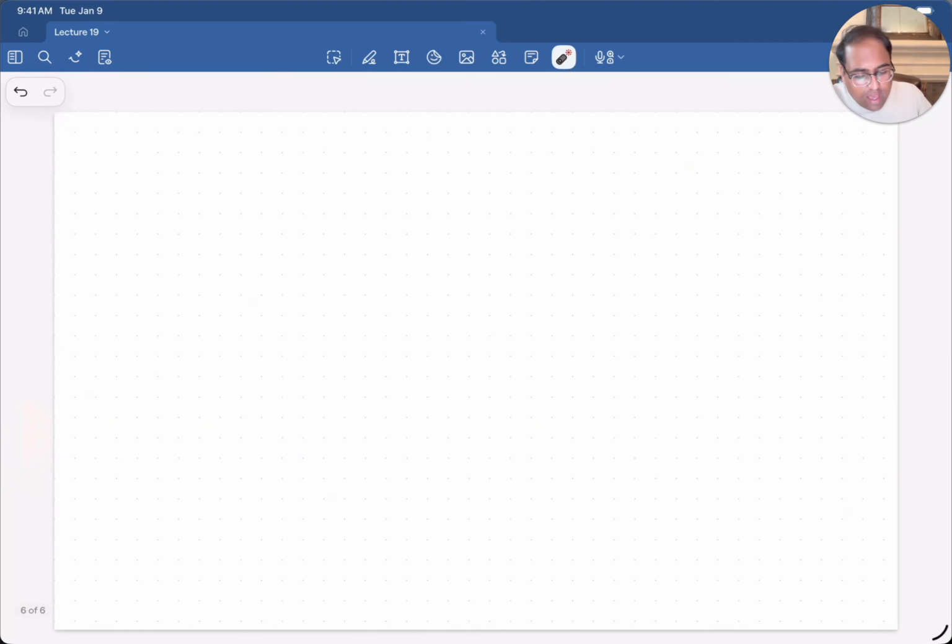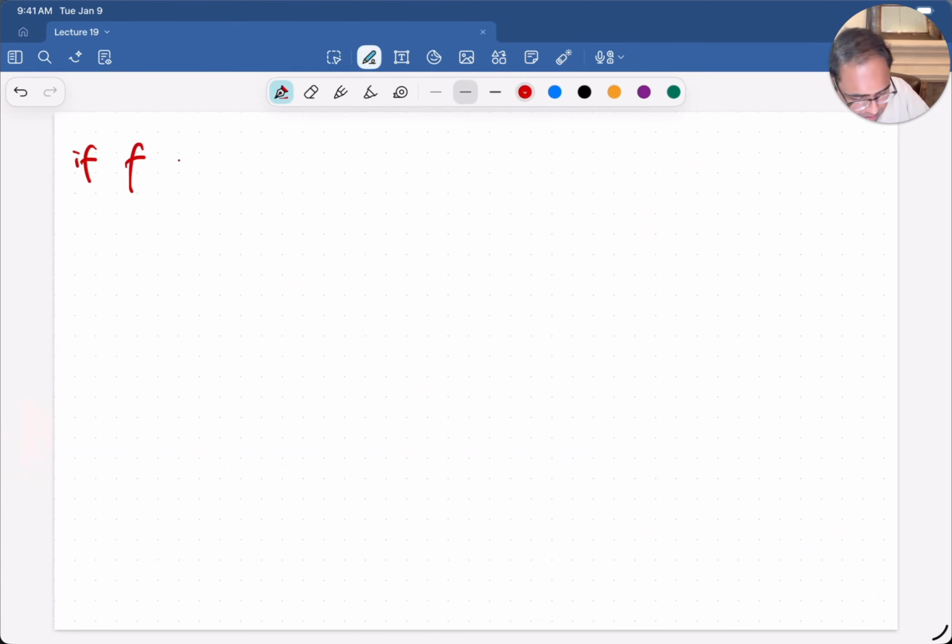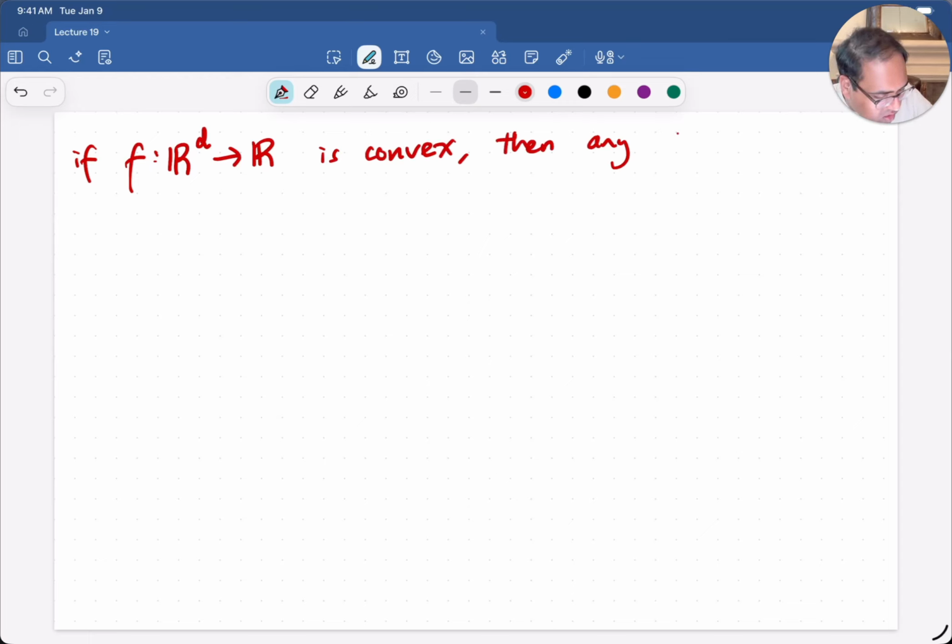What I'm going to try and prove is that if f, and we'll consider the general vector to scalar case, is convex, then any local minimum is a global minimum.